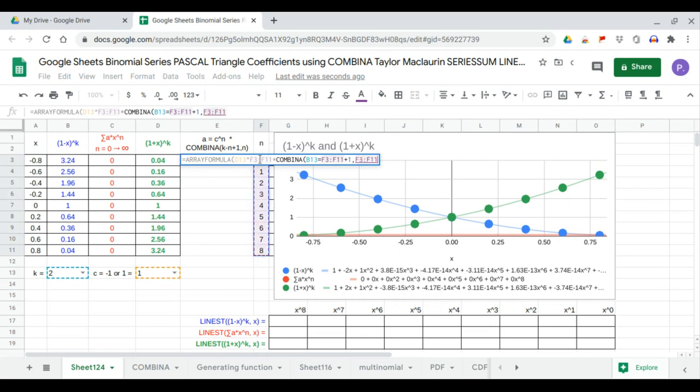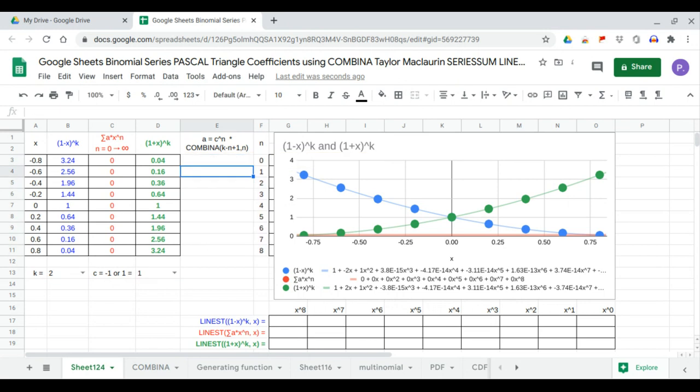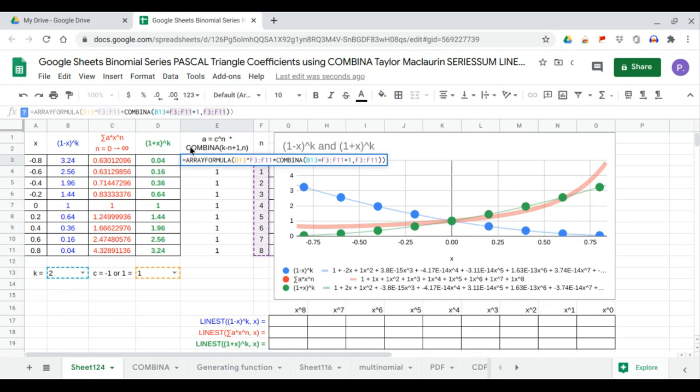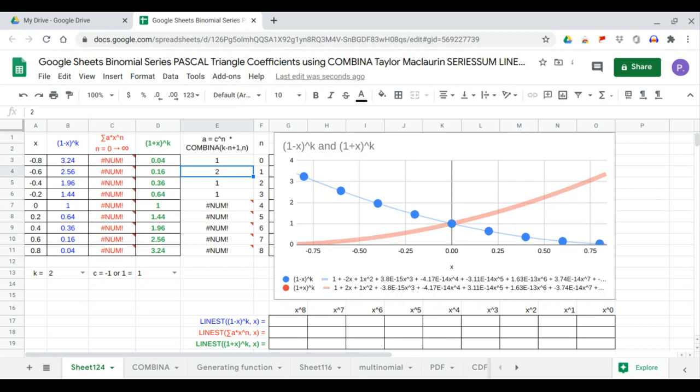Enter. So that's k minus n plus 1. So we have an error.